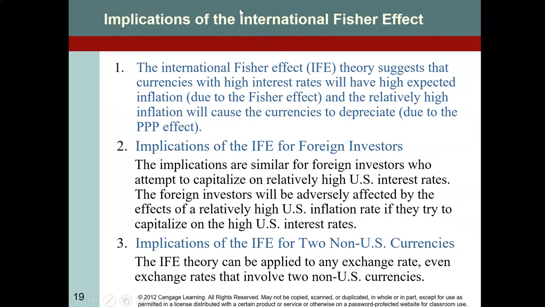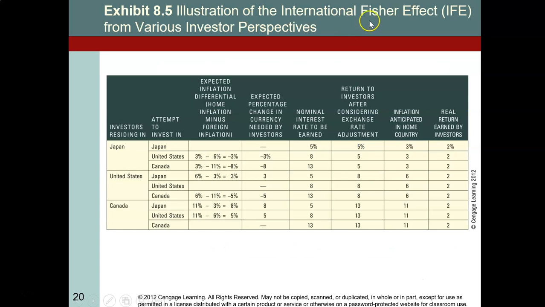Illustration of the IFE for various investor perspectives. Now we have investors in Japan, US, and Canada attempting to invest in three countries. Expected inflation differential is home inflation minus foreign inflation rate.